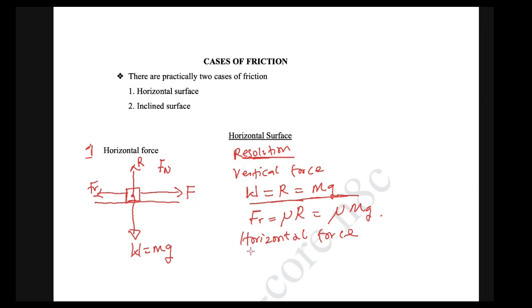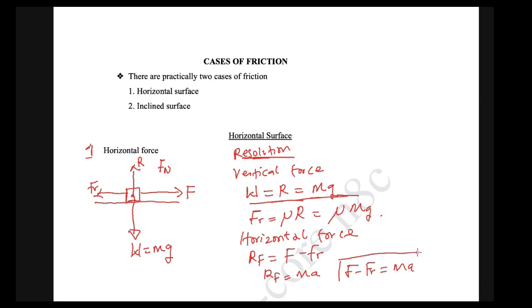So the resultant force is going to equal F minus Fr, and also note that resultant force is equal to the product of mass and acceleration, according to Newton's second law. So that means you can say that F minus Fr is equal to ma.